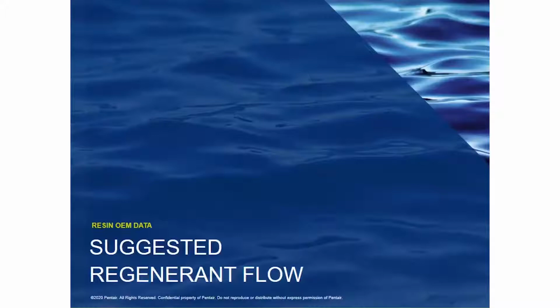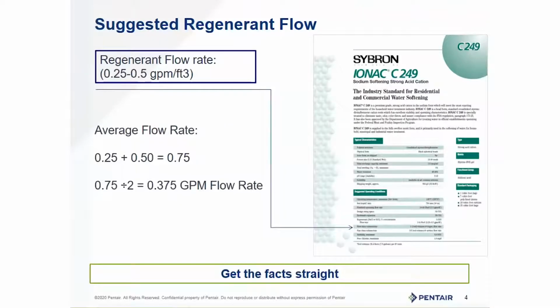So, suggested regenerant flow. You can find this information on manufacturers' spec sheets for resin, and they will give you a range, 0.25 to 5.5 GPM per cubic foot. This is also available in liters per minute per cubic meter of resin for the folks using metric.